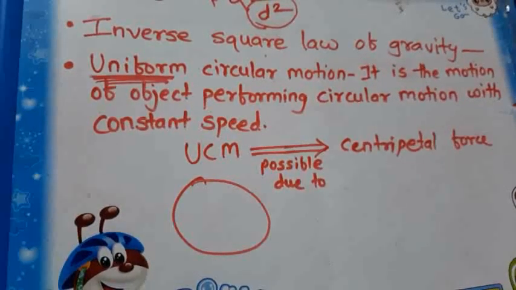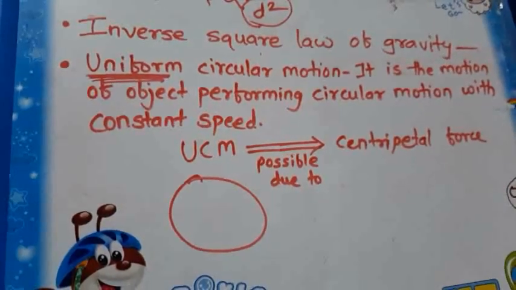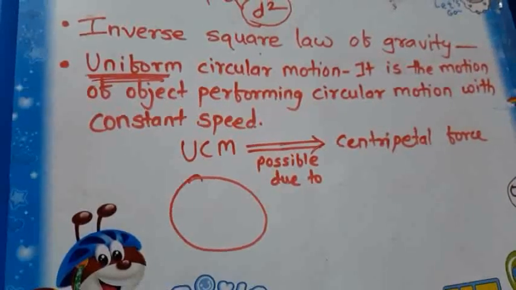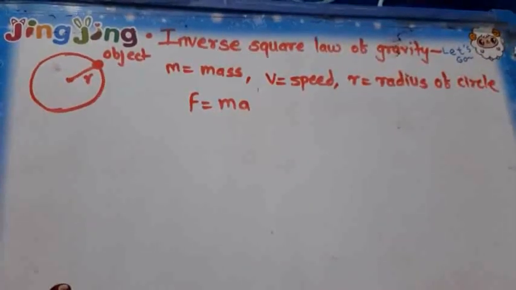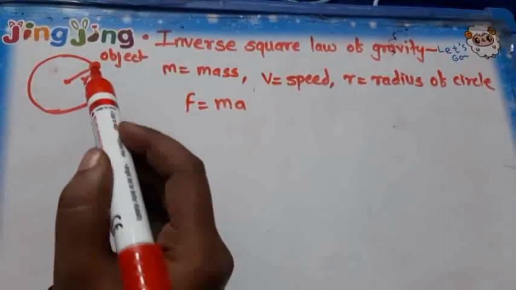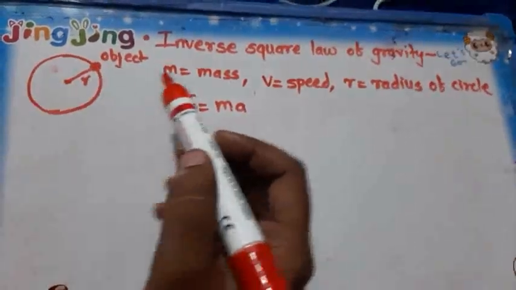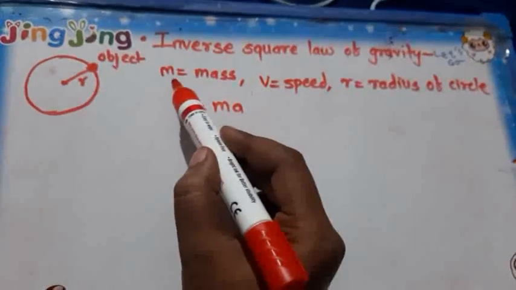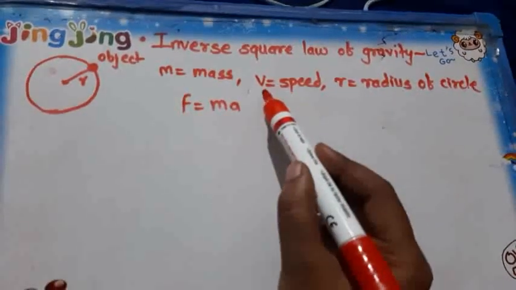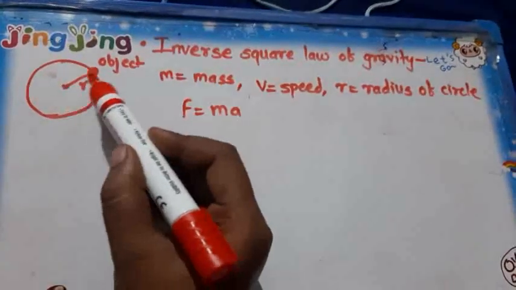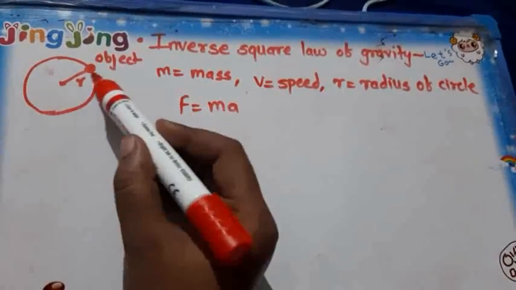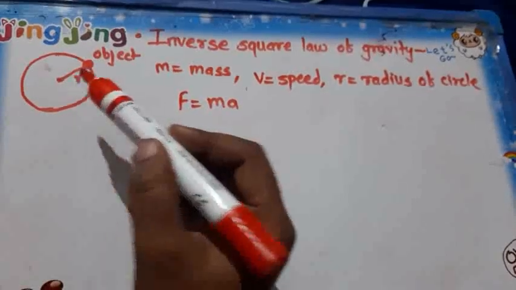Now we will see how this inverse square dependence was discovered, with explanation. Suppose an object is performing uniform circular motion. The mass of that object is m. It is revolving with the speed v, and the radius of the circle along which the object is performing circular motion is r.